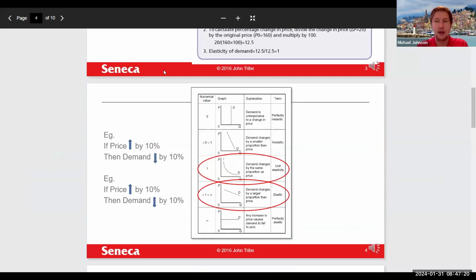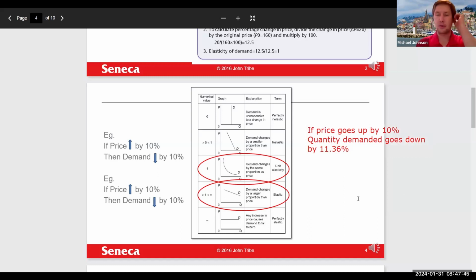Since we got negative 1.1 roughly, if price goes up by 10%, quantity demanded goes down by roughly 11.36%. So the quantity demanded would go down by a greater amount than the price rise in that case.